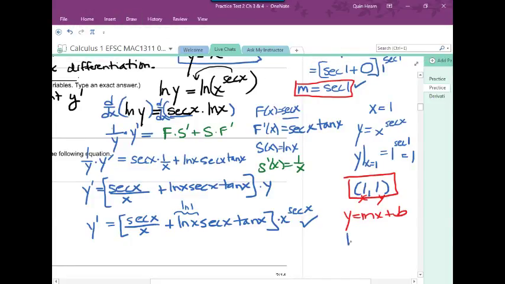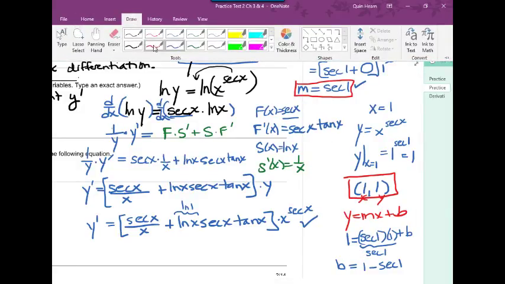So we're going to have 1 equals secant of 1 times 1 plus b. Secant of 1 times 1 is just secant of 1, so if you subtract that, we get our b is equal to 1 minus secant of 1. So we have our m and we have our b. So now we can write the equation of the line.